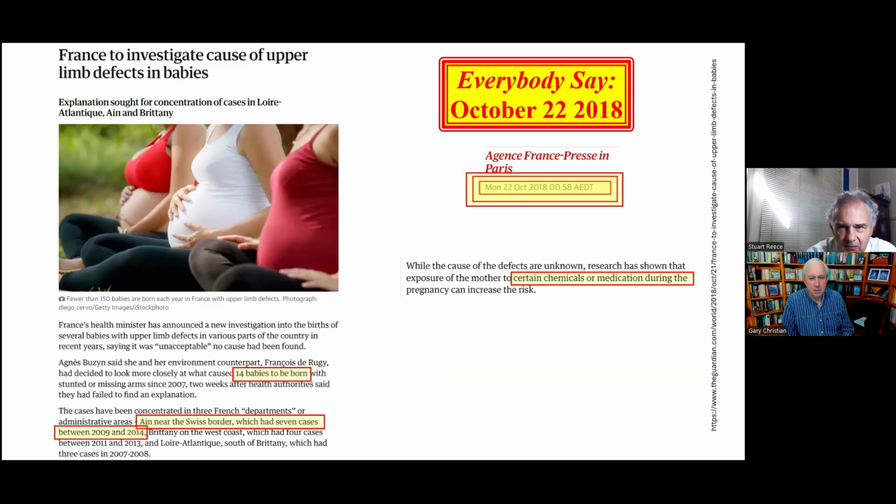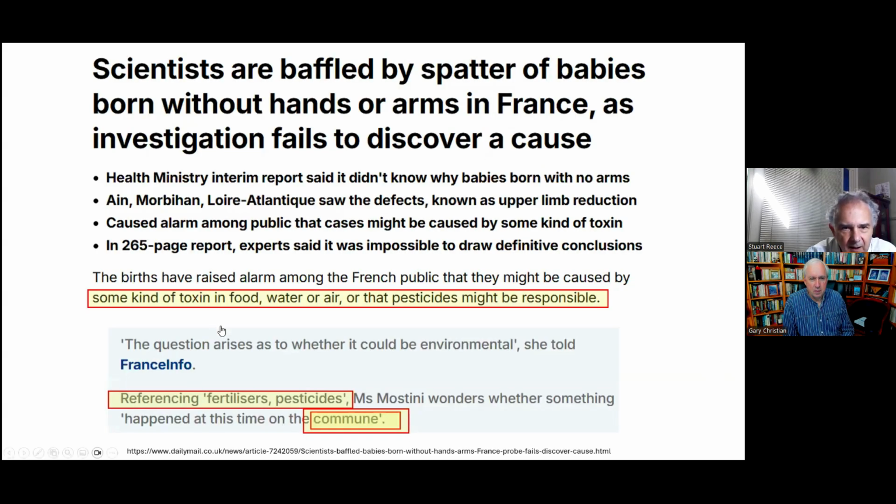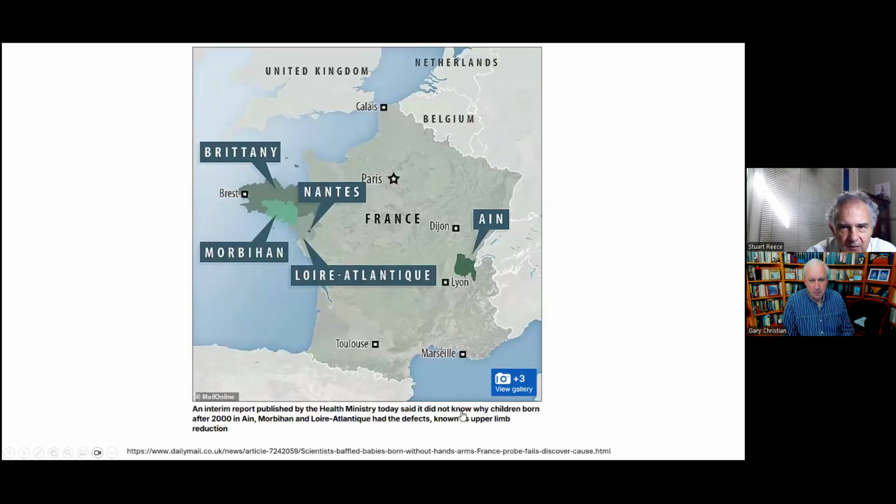And this was a great mystery, and the French Health Department conducted an inquiry. It was thought that something in the food, water, air, or pesticides might be responsible. And it turns out that some of these women were living on a commune. So that may be a clue. There's the URL there. And these are the parts of France that were affected. The Normandy area, Brittany, in the west, and Ain in the east on the Swiss border.